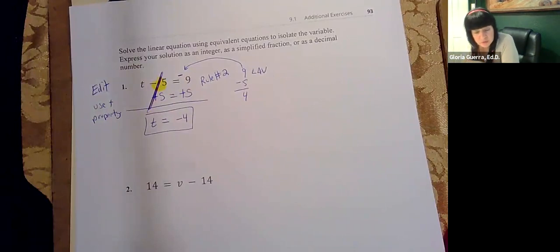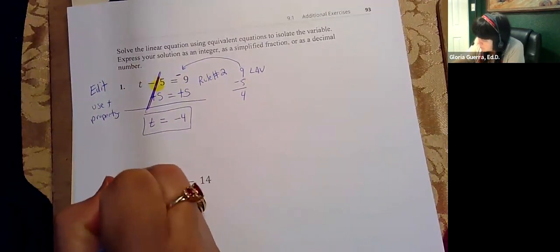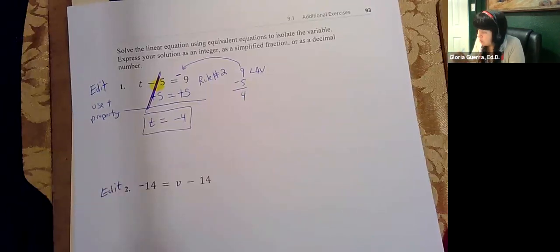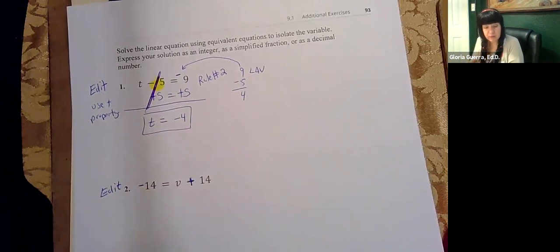Okay, number 2, I also didn't edit. I changed this 14 to a -14. And I changed a subtraction to a +14. Okay.